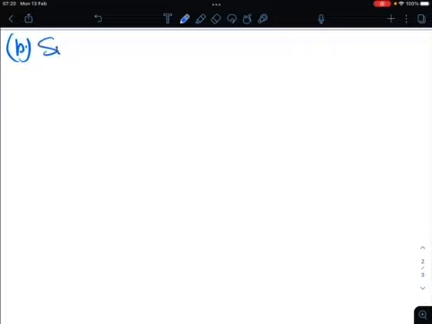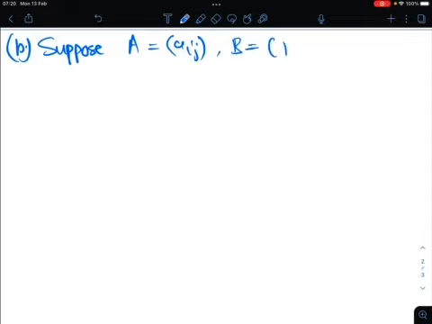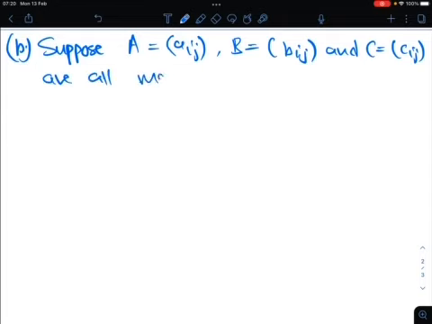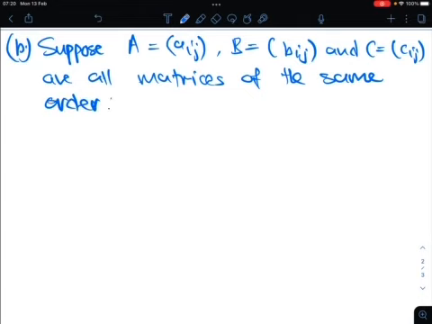So we'll say, suppose A, which is Aij, B, which is Bij, and C, which is Cij, are all matrices of the same order. So we are going to assume that A, B, and C are all matrices of the same order.